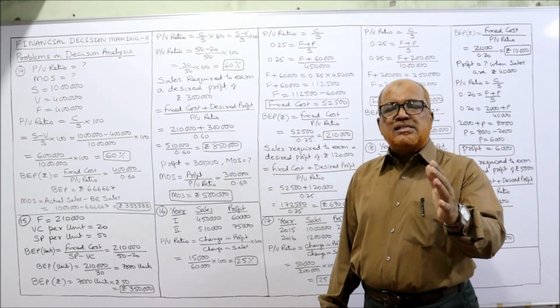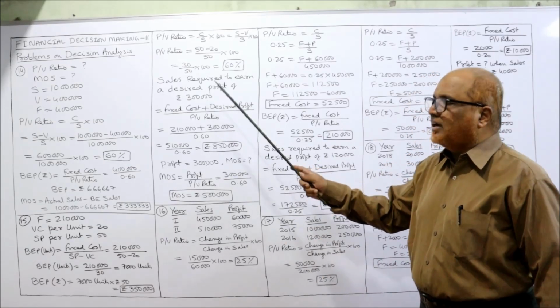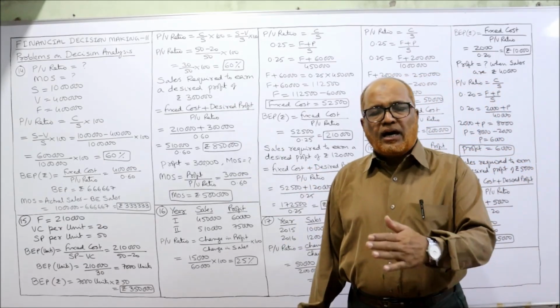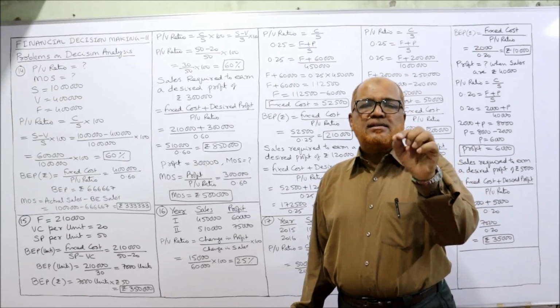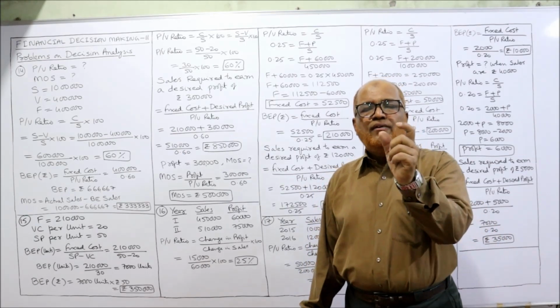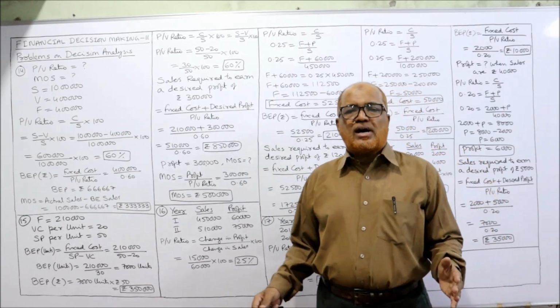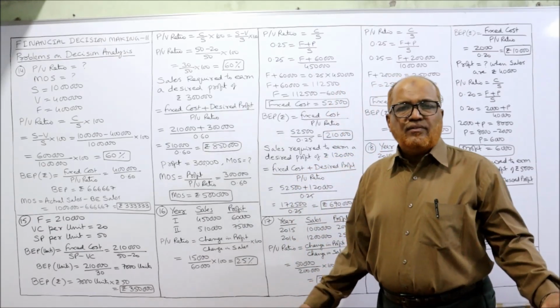Now the question is sales required to earn a desired profit of 3 lakh. Already in the earlier problems we have applied this formula. Sales required to earn a desired profit is equal to fixed cost plus desired profit divided by PV ratio. So everything we have.